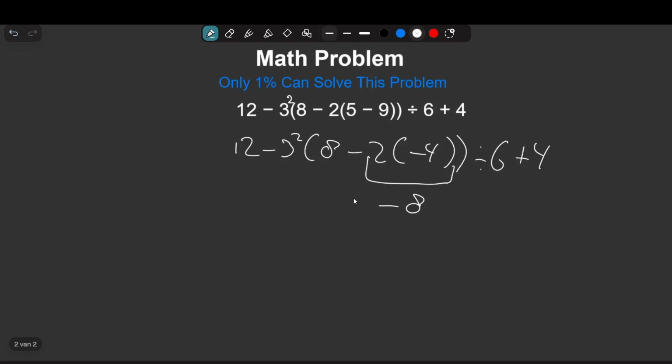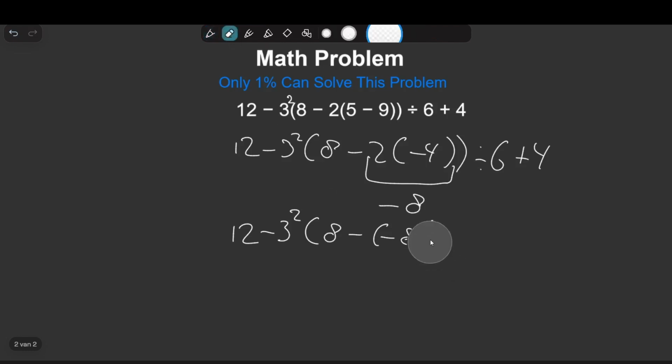So let me write it down one more time for you guys. Now we will have 12 minus 3 squared, and then our parentheses is going to be 8 minus 8, and this is going to be our final problem. My bad guys, I made a little mistake.